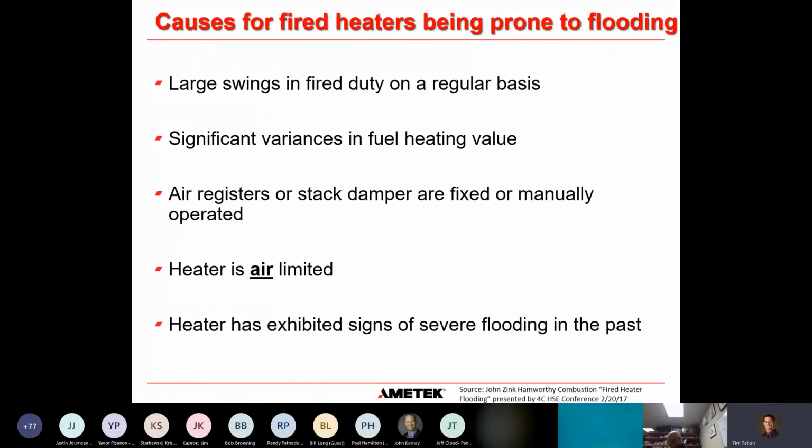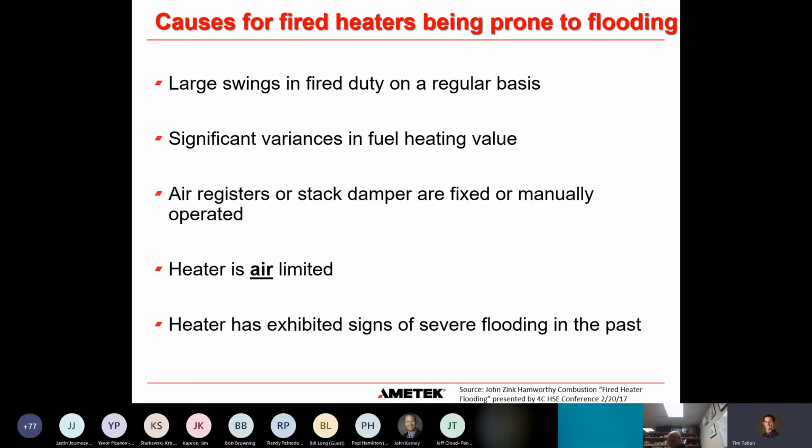What are the potential causes for a fired heater being prone to a flooding condition, where you have a highly fuel-rich condition and your burners may or may not be going on and off with flaming out? Some reasons might be large swings in the fire duty on a regular basis, or significant variances in the heating value of the fuel itself.